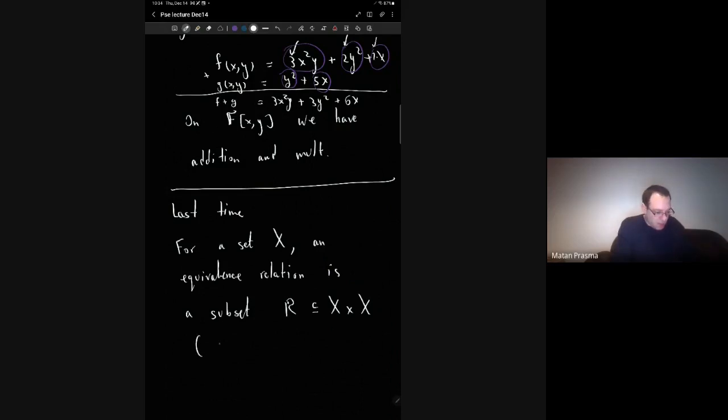So you can think of R as some collection of pairs.